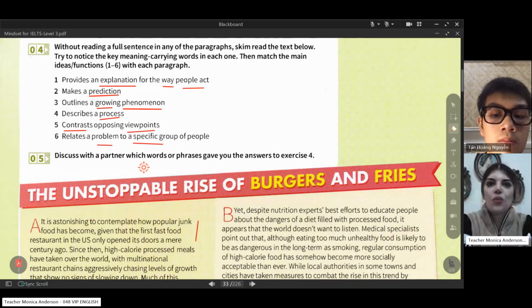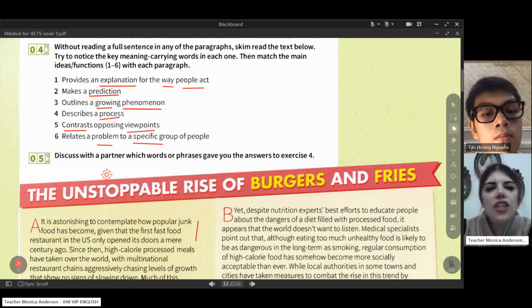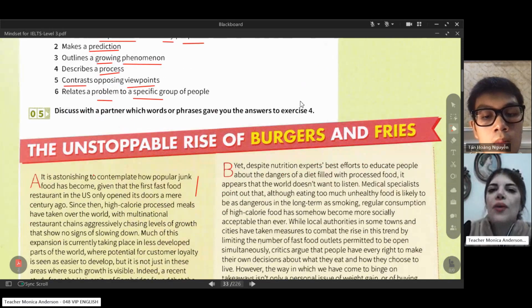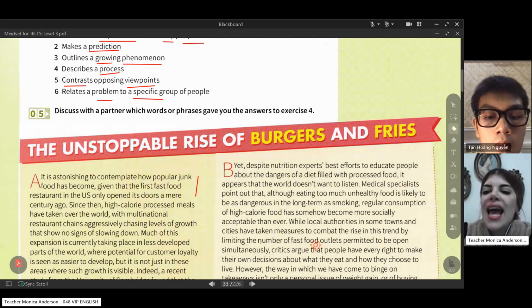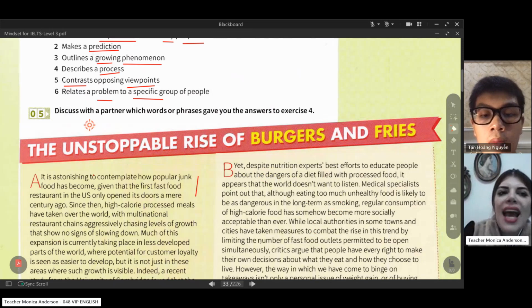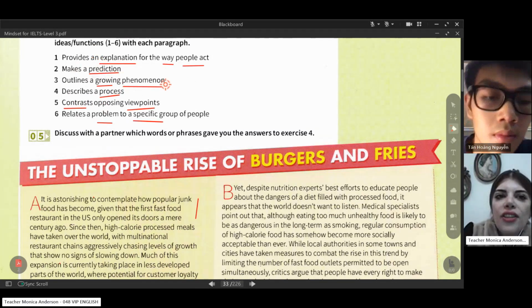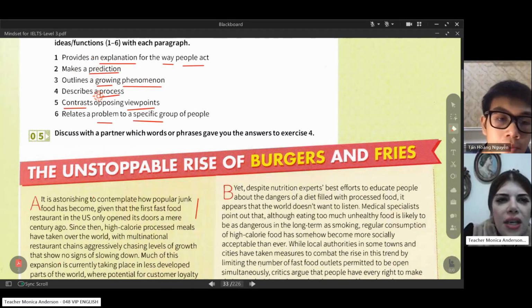So this is your guesswork. Then let's read and match them to see if I'm right or not. About the first one, you could see the keywords. Now we have paragraph B. Let's do this part together. From the beginning, I underlined the keywords, and let me find something from the beginning.